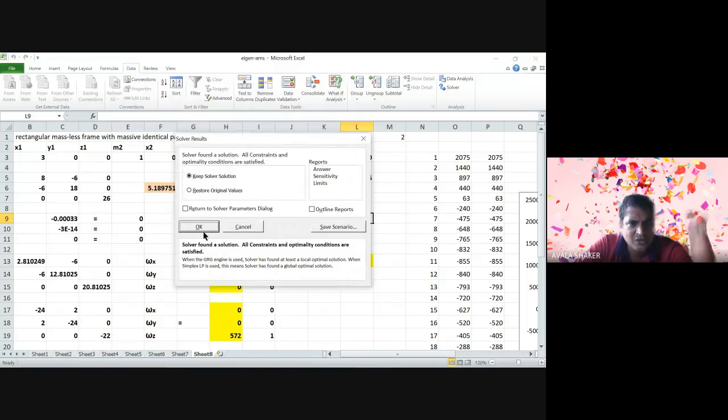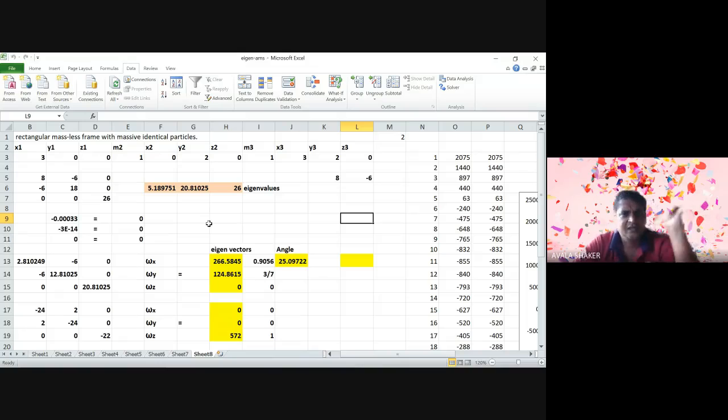This window pops up saying keep the solver solutions. Now we had some rough estimate from the graph, and from that you can see it converges to 5.189, the second value is 20.8, and the third value which we are getting is 26.